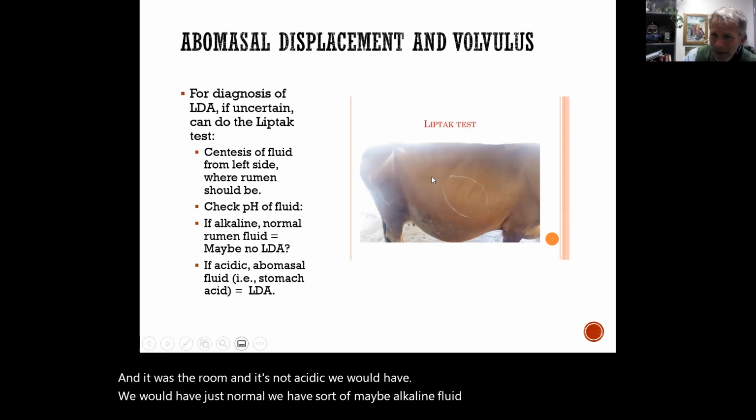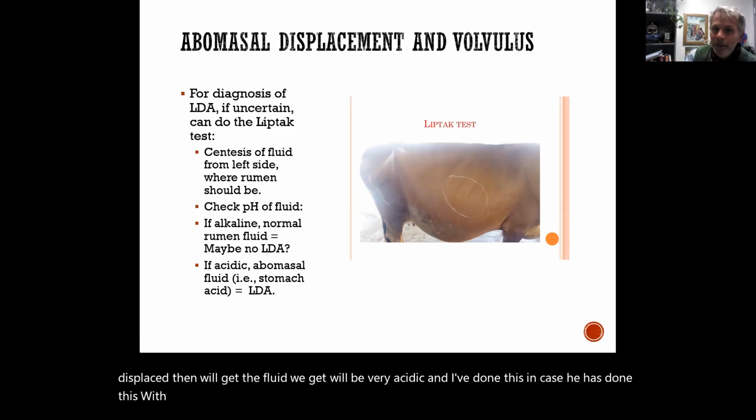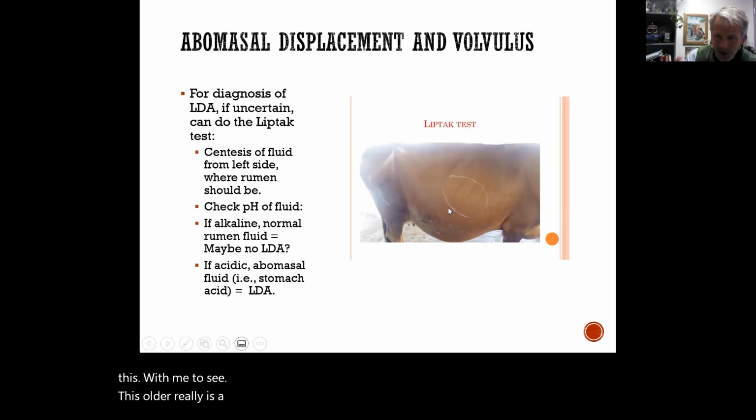But if the abomasum has displaced, then the fluid we get will be very acidic. And I've done this, and Casey has done this with me, to see there really is a left displaced abomasum. We just can't hear the ping.